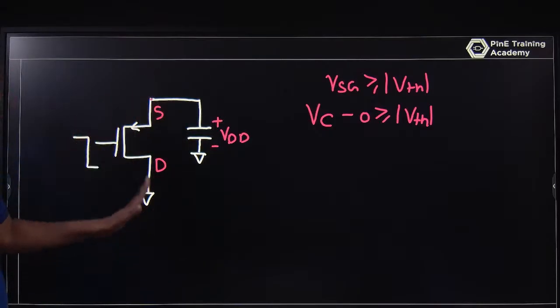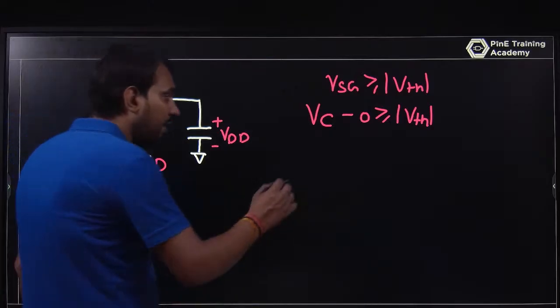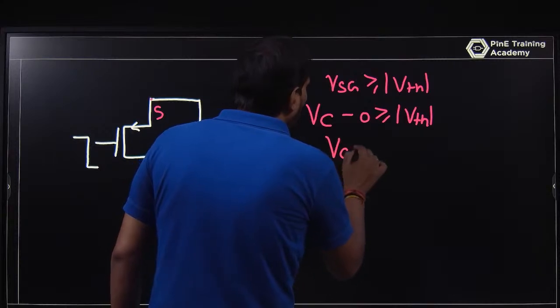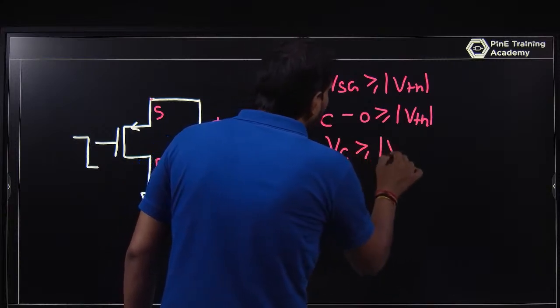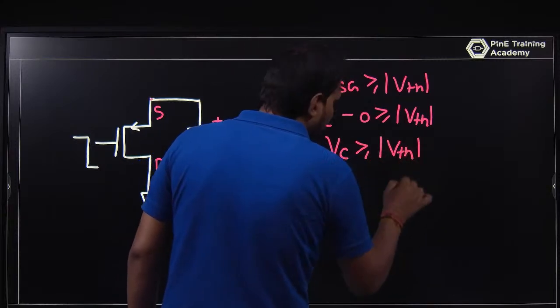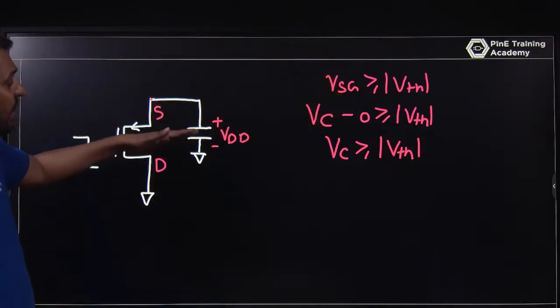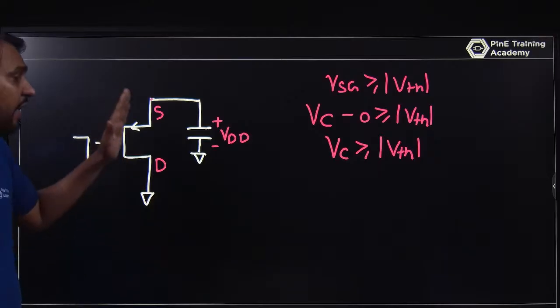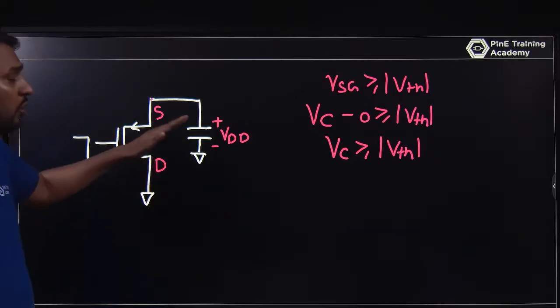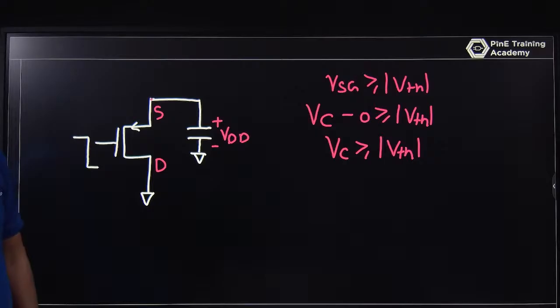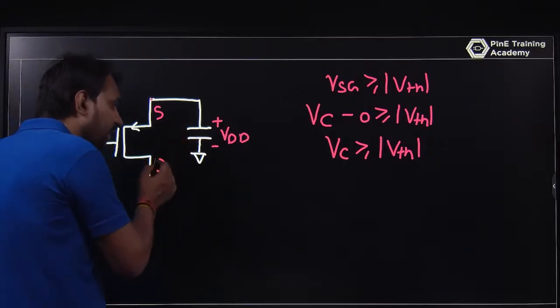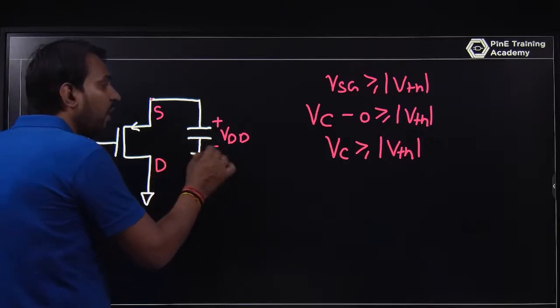The capacitor is discharged towards the ground with the help of the PMOS, but the capacitor will not be discharged below VTH. It can be discharged from VDD to VTH, but it can't be discharged with the PMOS all the way to ground.